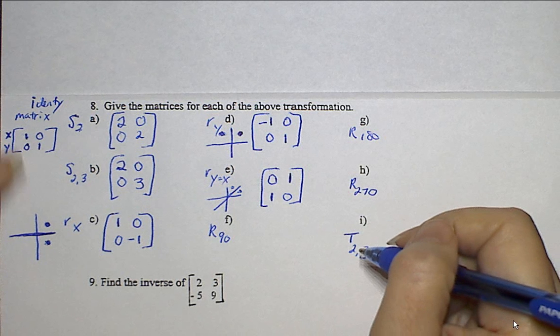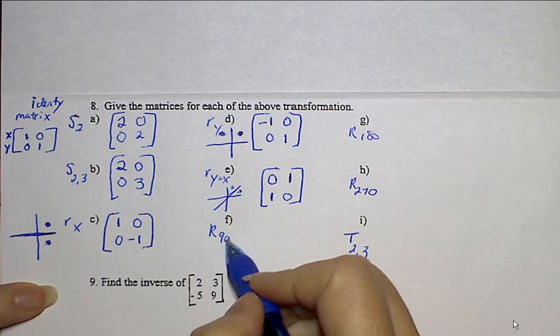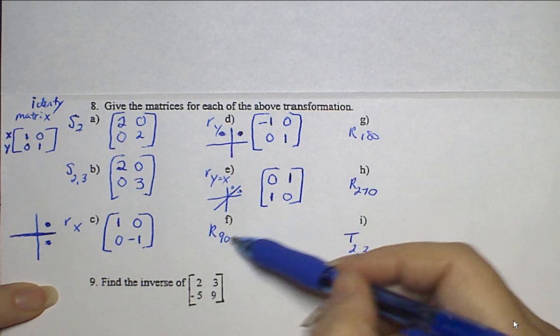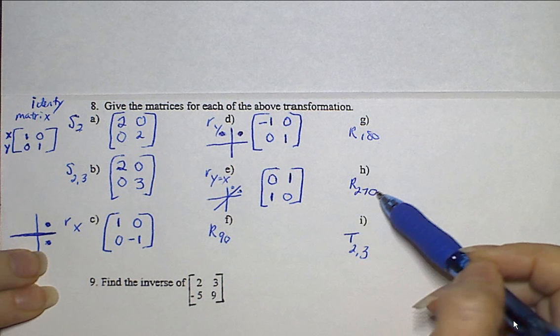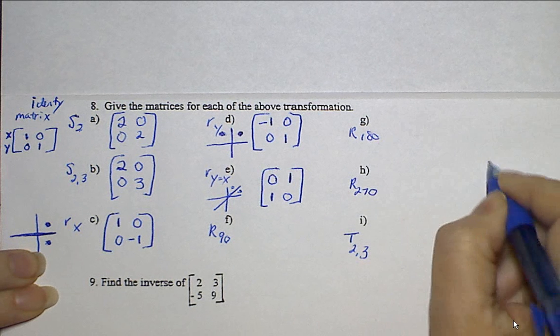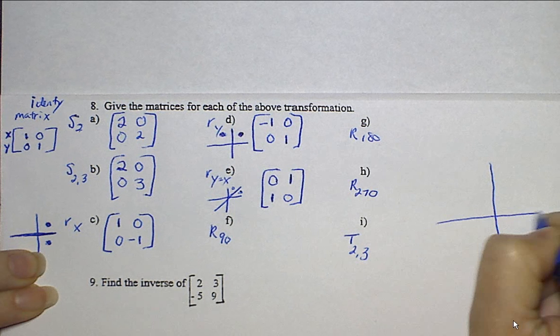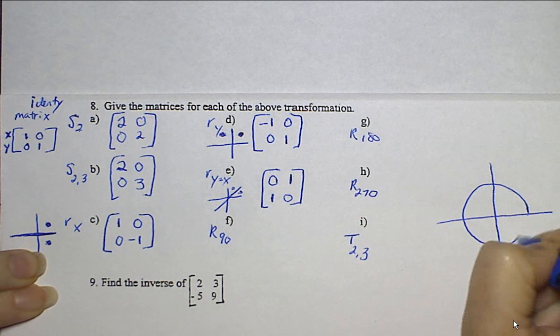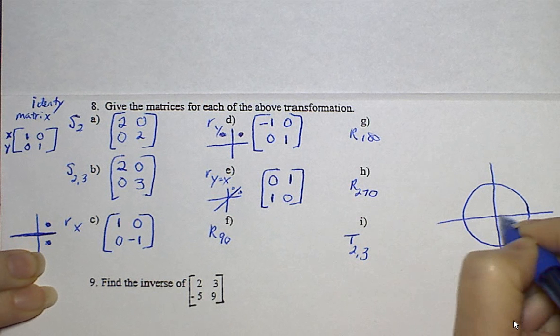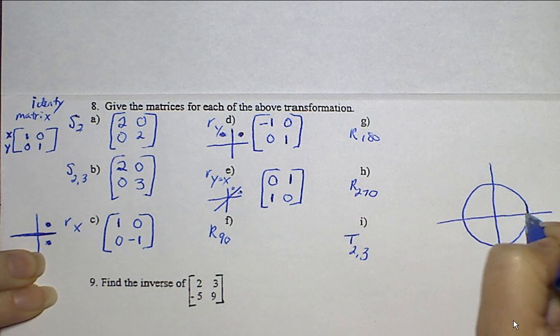F is the rotation of 90. Remember that the rotation of 90, the rotation of 180, and the rotation of 270 all come off of the unit circle, right? So the unit circle, remember you have your unit circle, so since it's a unit out, that means that this point right here is your, what point's that? 1, 0.